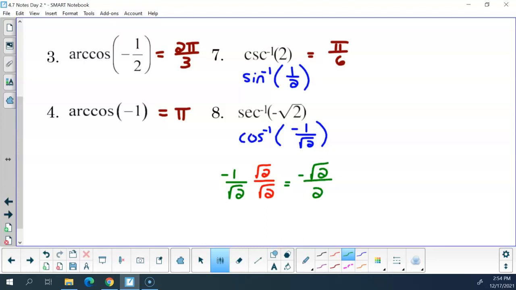Got you. So it's pi over... No, it's not pi over 4. Okay, so it's 1 over 4. Okay? It's 3 pi over 4.